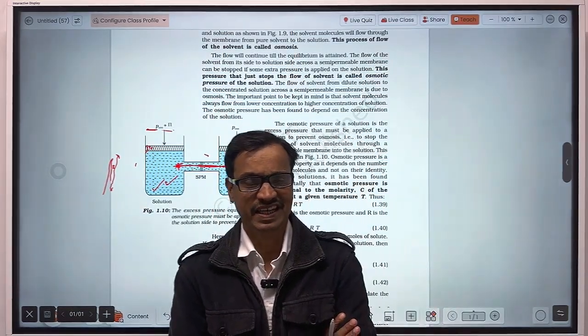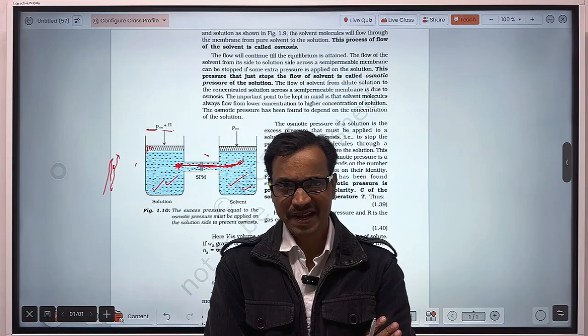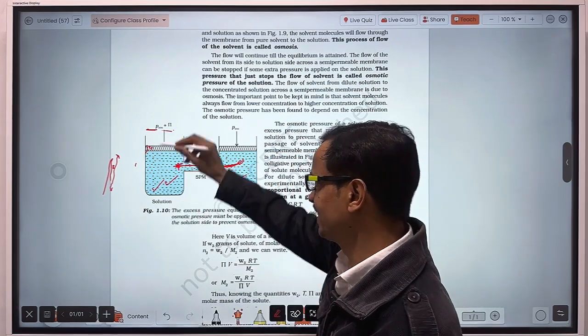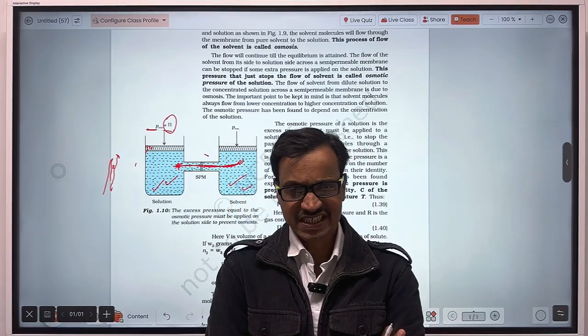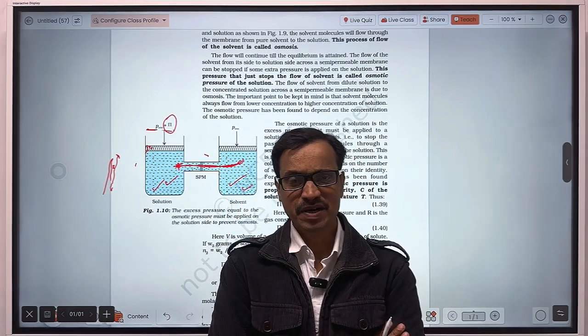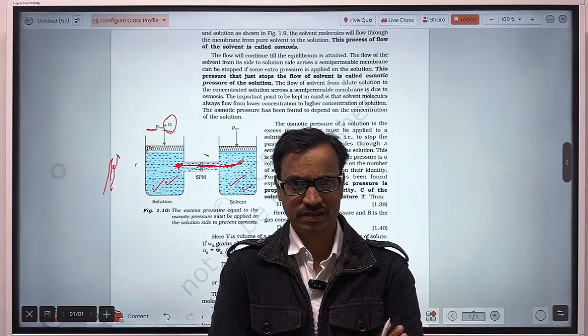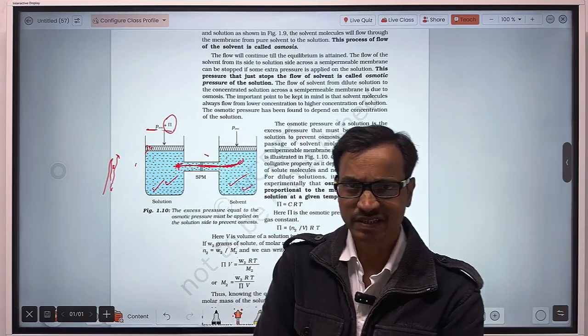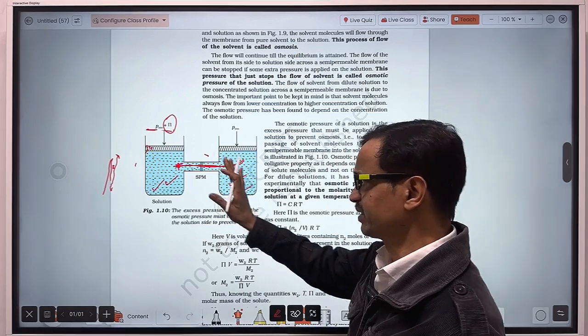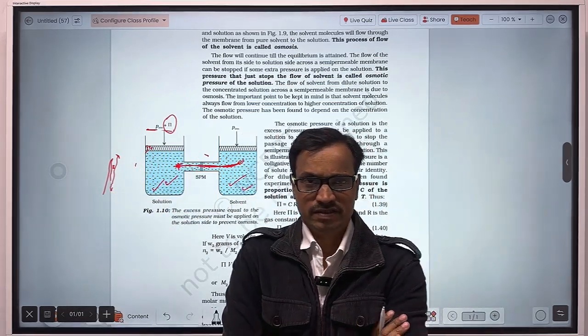So osmotic pressure is defined as the minimum excess pressure, because you are applying extra pressure here, which must be applied over the solution to prevent the movement of solvent particle from pure state to the solution.